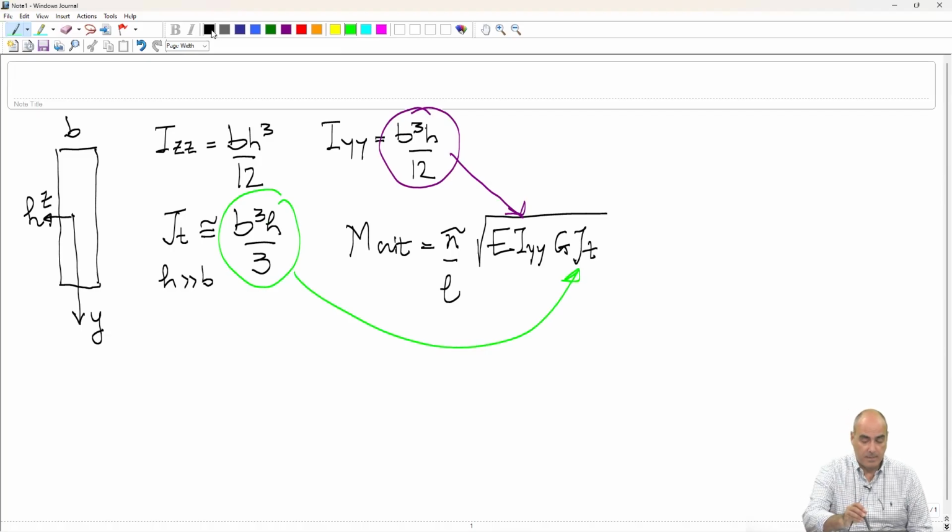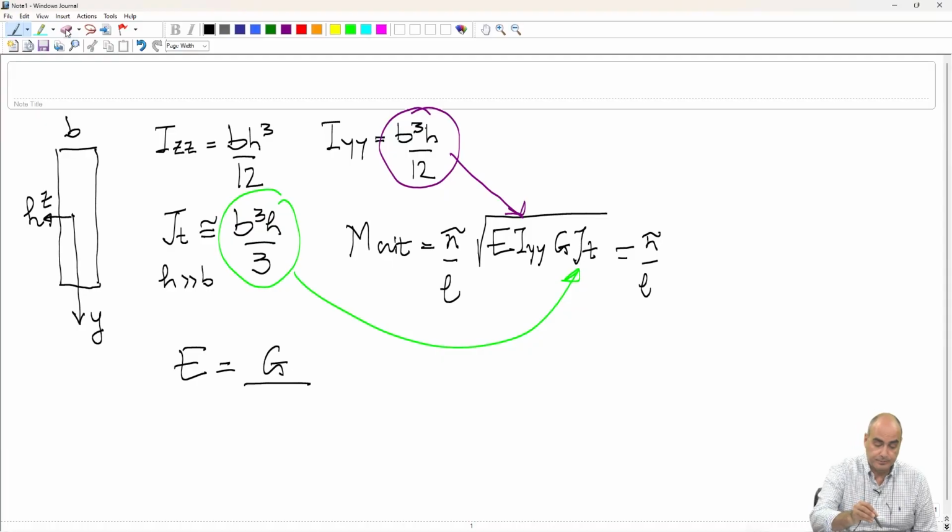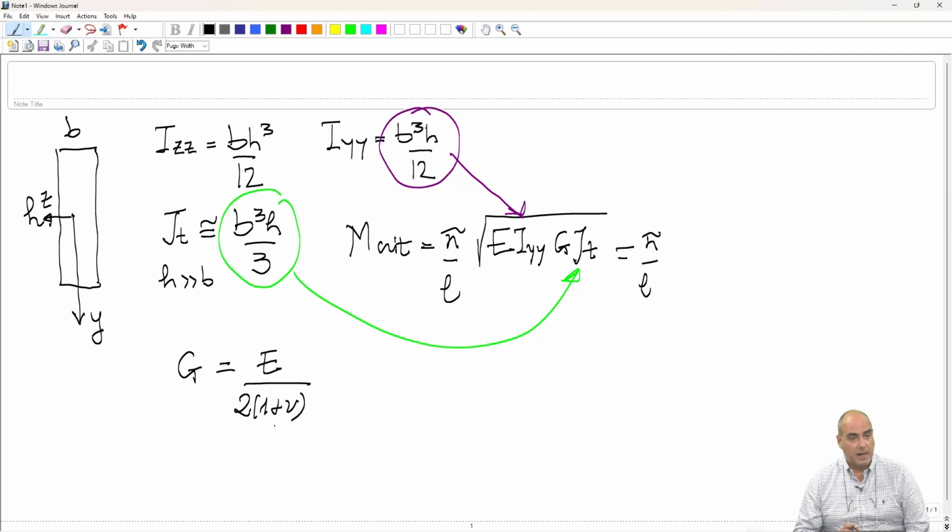What do you get? You get pi over L. Then you can also remember that G is equal to E divided by 2(1 + ν).